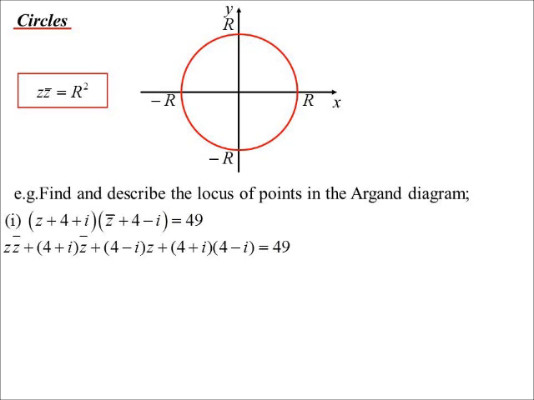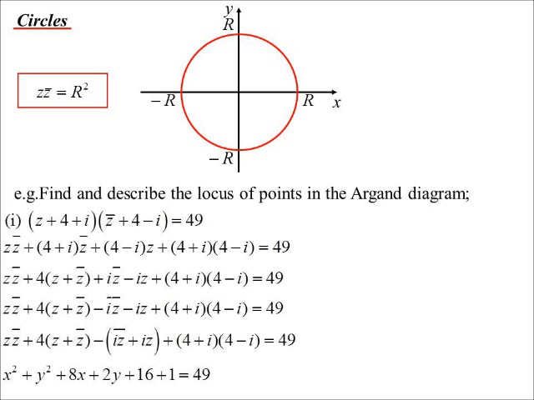Let's see. If I did expand the whole thing out, and tidy it up a bit, if you're patient, and eventually substituting in x plus iy for z, eventually you could come down to this equation. So if you're ever unsure, you could just substitute in x plus iy for z. For its conjugate, you would substitute in x minus iy.